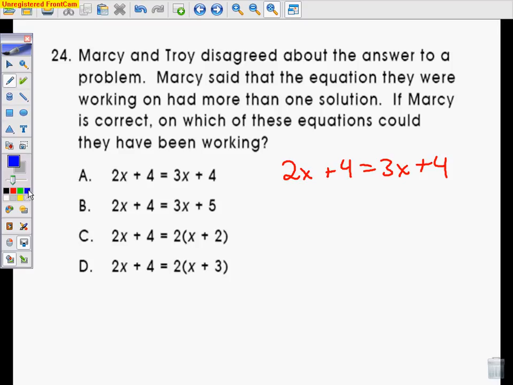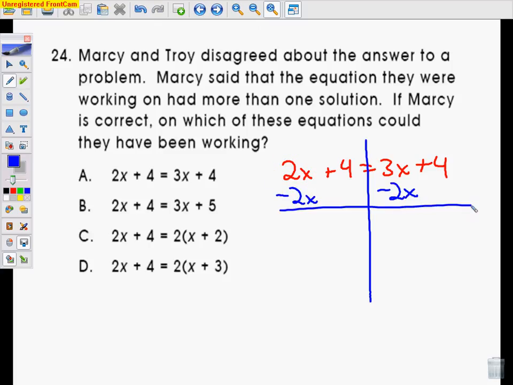What you want to do is take one of these and move it to the other side. Okay, and by side, we're talking about across the equal sign. Okay, so let's say we wanted to move this 2x over here. Well, you can't just add it. This is a positive 2x. To get rid of a positive 2x, you would subtract 2x. Whatever you do to one side, you have to do the same thing to the other. So those would cancel out.